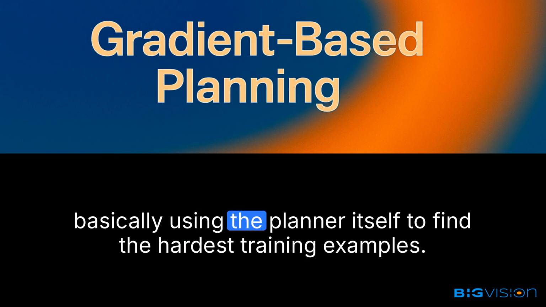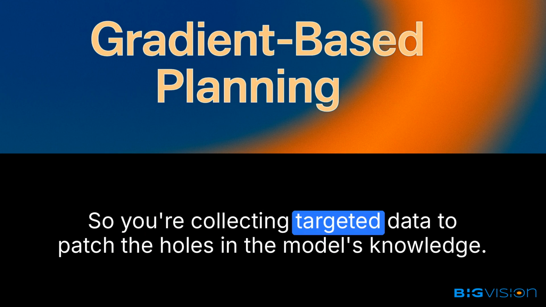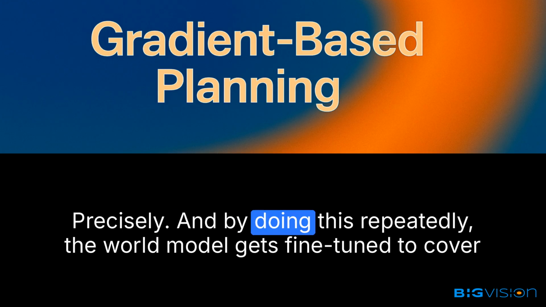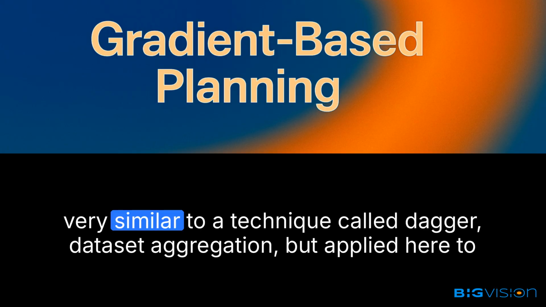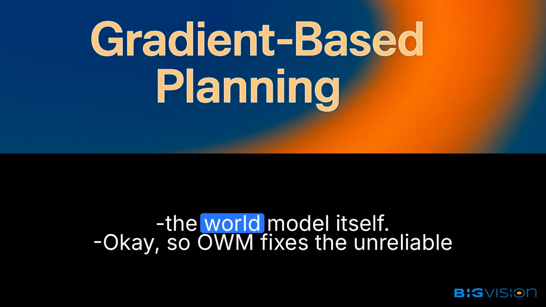You're basically using the planner itself to find the hardest training examples. So you're collecting targeted data to patch the holes in the model's knowledge. Precisely. And by doing this repeatedly, the world model gets fine-tuned to cover the specific regions of the latent space that GBP wants to explore. It's actually very similar to a technique called DAgger, dataset aggregation, but applied here to the world model itself.